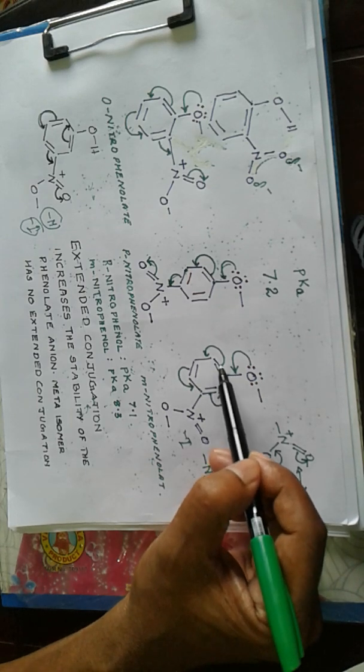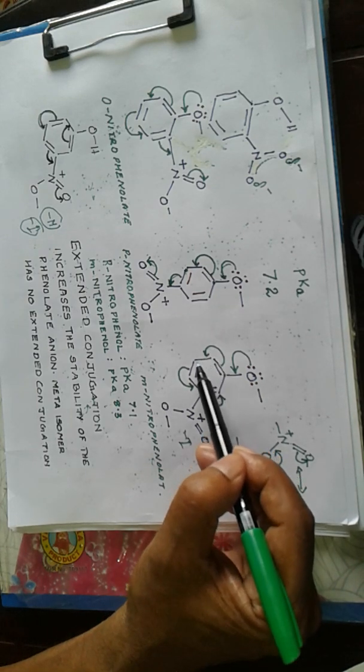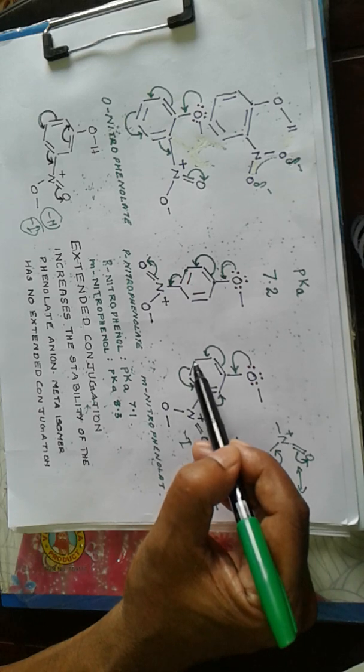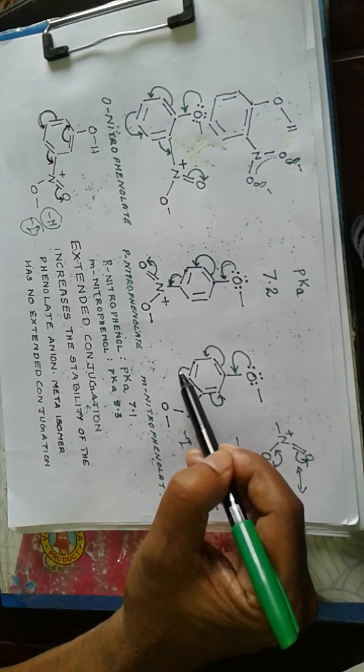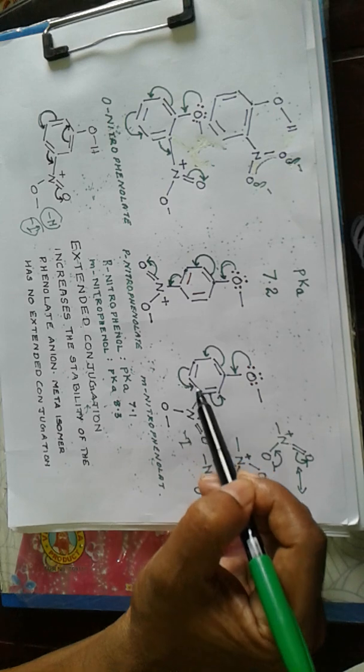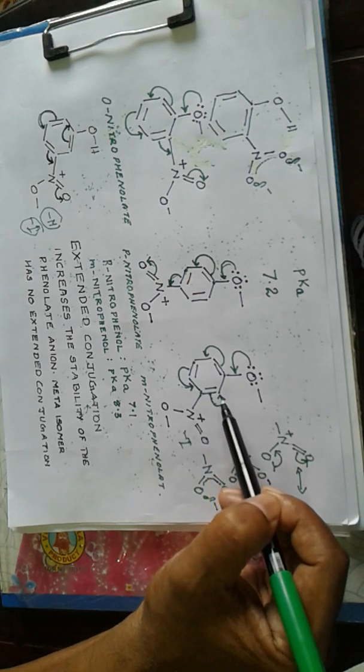Whereas in the case of the meta-nitrophenolate anion, the lone pair of O negative shifts in this direction. Then to maintain the valency of this carbon, this pi bond will be shifting in this direction. Then the valency of this carbon will be increased. To maintain its valency, this pi bond will be shifting in this direction. Then the valency of this carbon is raised. To decrease its valency, this pi electron pair can move only in this direction.